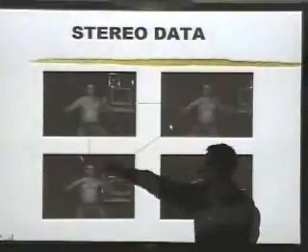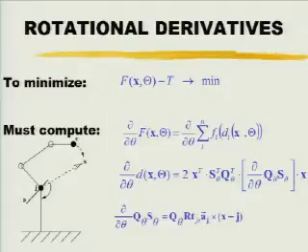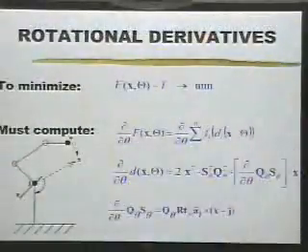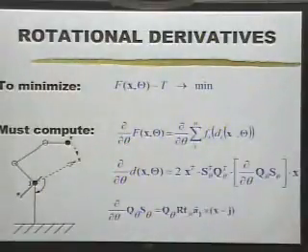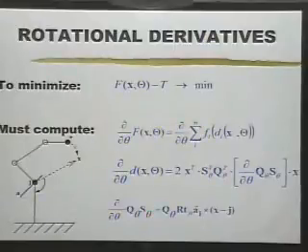The results I've shown you before were done from this. Here are 3 images acquired at the same time. You get a disparity map out of it, and at each frame, you minimize the sum of the squares of the algebraic distances of the stereo data to the model. One additional nice thing about this formulation is that when you do this sort of computation, you have to compute Jacobians.